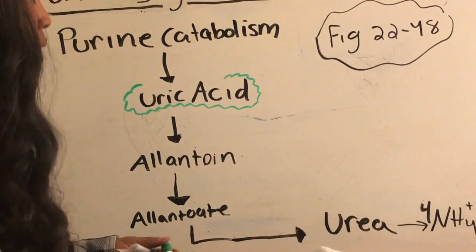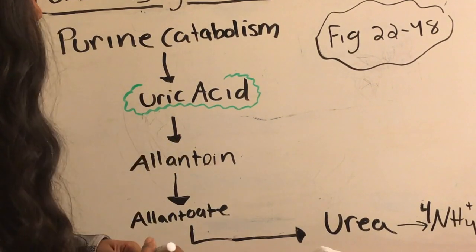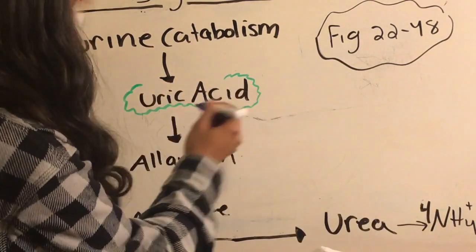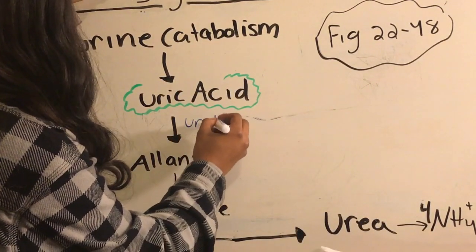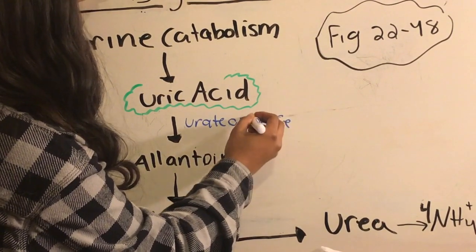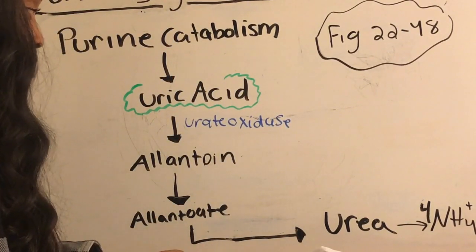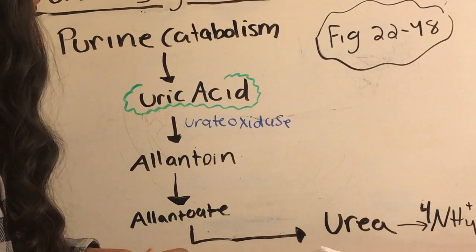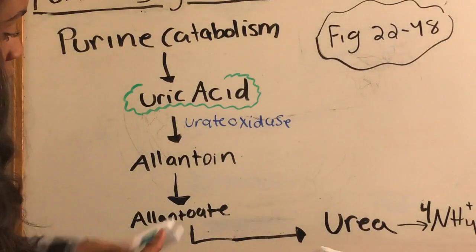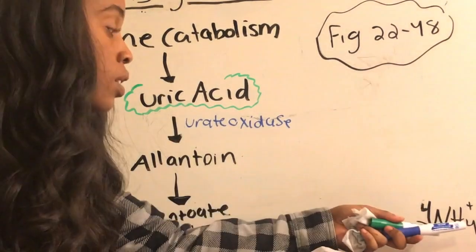In most animals and mammals, we are able to further degrade uric acid to produce allantoin using urate oxidase. In other organisms, such as fishes or amphibians, they are able to excrete more nitrogen by metabolizing allantoin into ammonium.